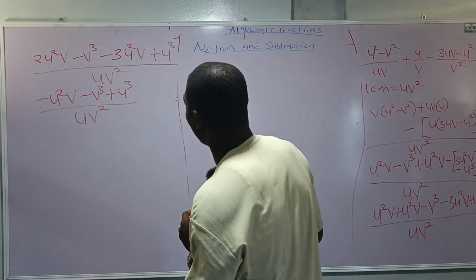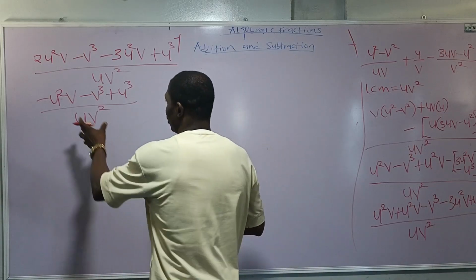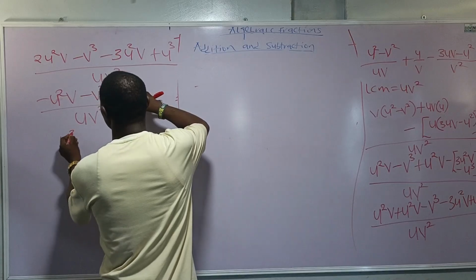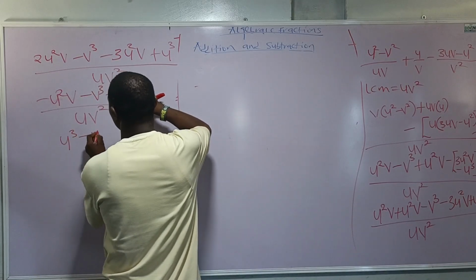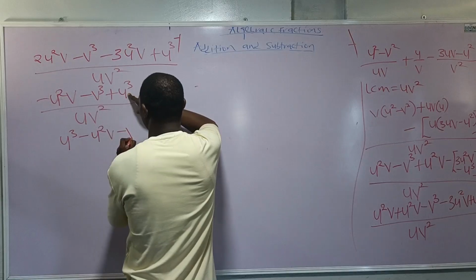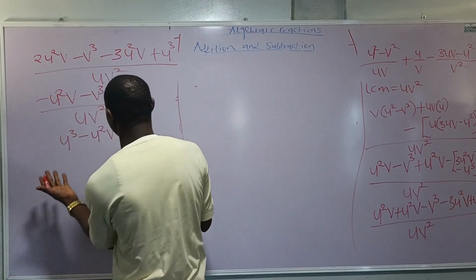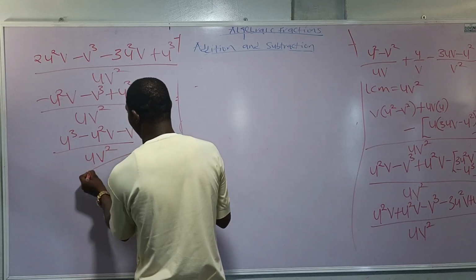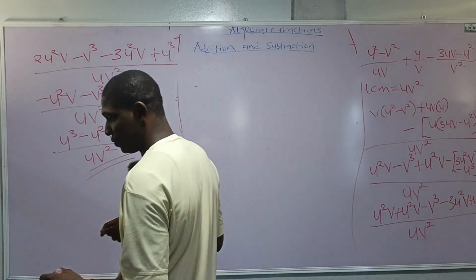Do I have anything in common? Absolutely no. So I can choose to rearrange this. And I can take this as u cube minus u square v minus v cube. Since they are cubed, the two cubes should be at the edges. All over uv square as my final answer.